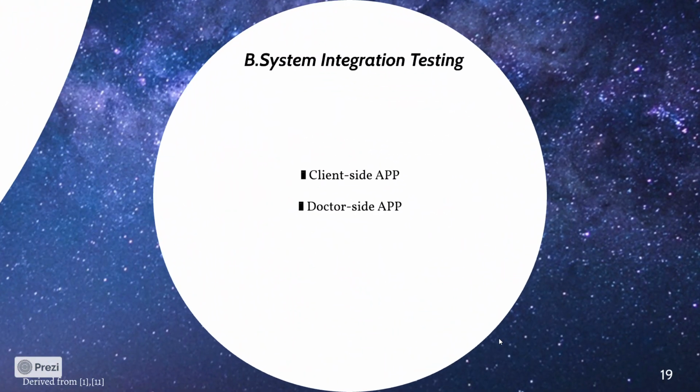Now, system integration testing. What does that mean? Basically, as you can see, there are two sides to it. It's a client side and there's a doctor side. Now we have discussed some part of these in the plot diagram that we just saw a little before. So what does this specify?